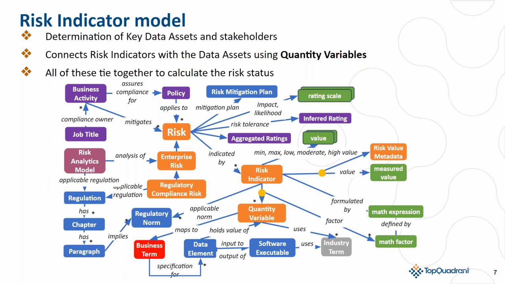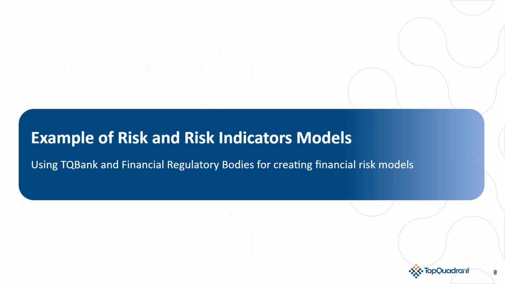So there are lots of different pieces at play here when it comes to defining risk and how we actually connect all of the pieces, right from the policy to the risk indicator to how it's expressed, right down to the data element and the software that actually manages that information, and right down to the industry terms.